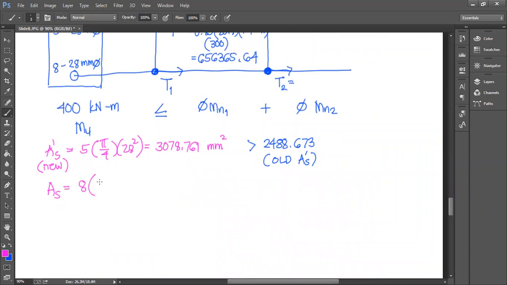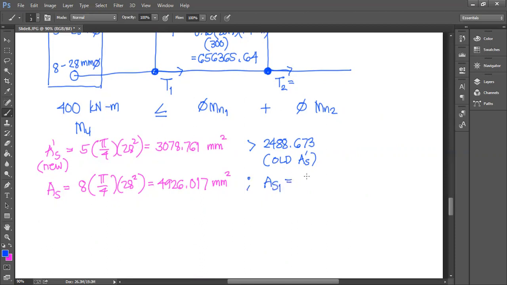Since meron tayong 8 multiplied by pi over 4 times 28 squared. A prime S, AS this time is, meron tayong 4926.017 square millimeters.